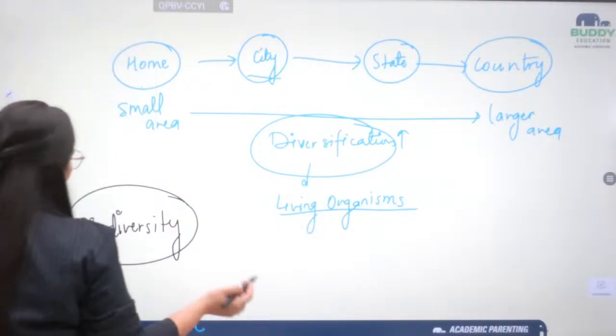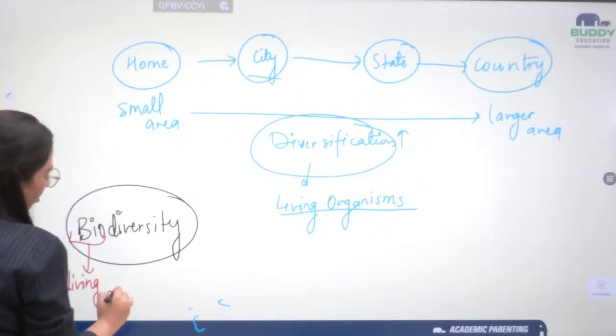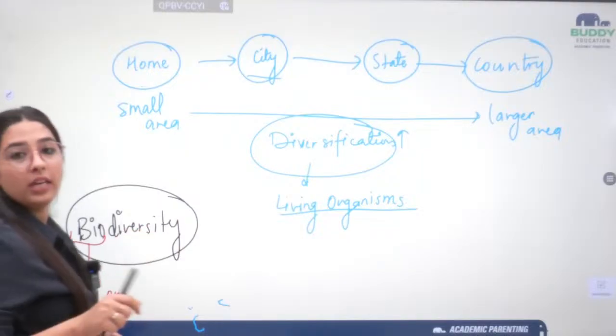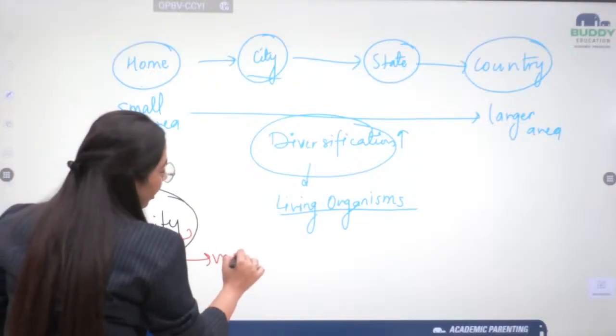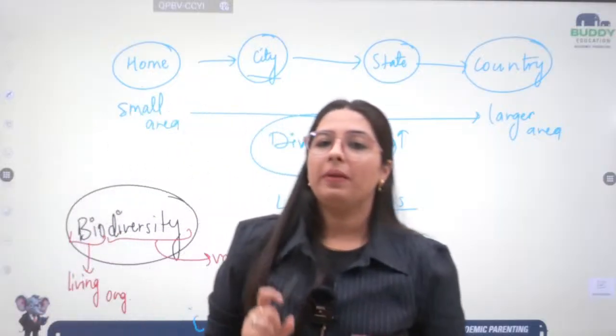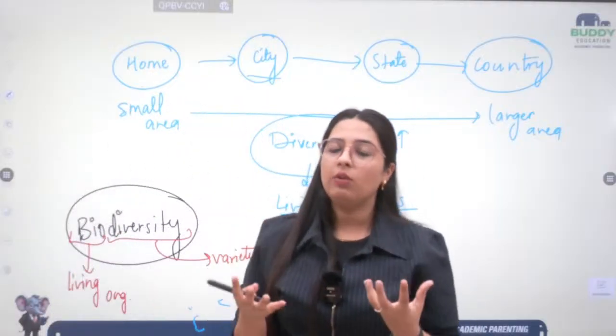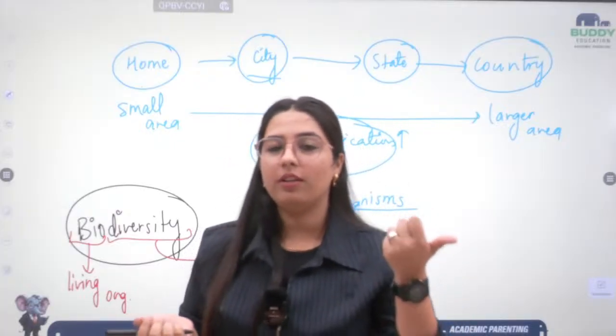Bio, obviously, we are talking about living organisms, and diversity, I am talking about directly variety. Okay, so biodiversity is basically something which is dealing with the variety in living organisms at a particular area.